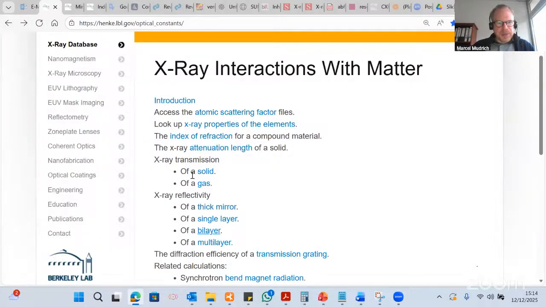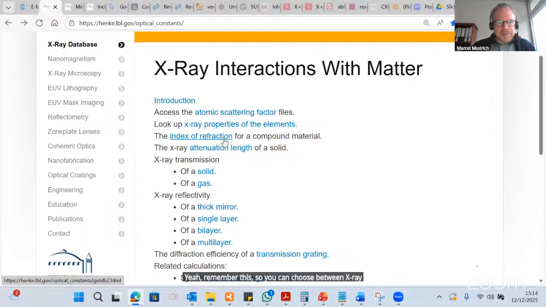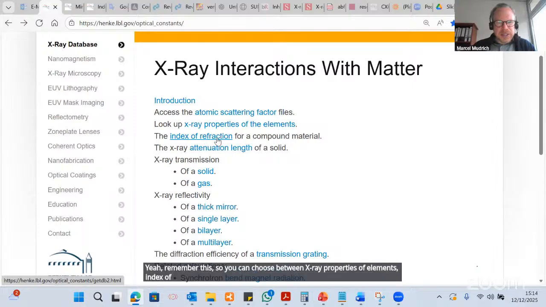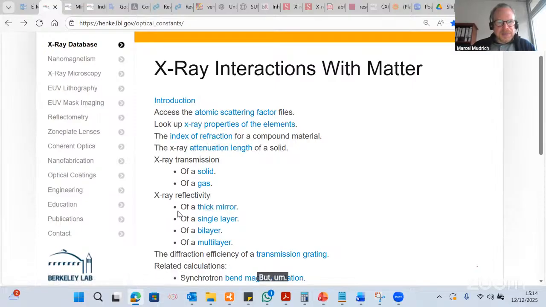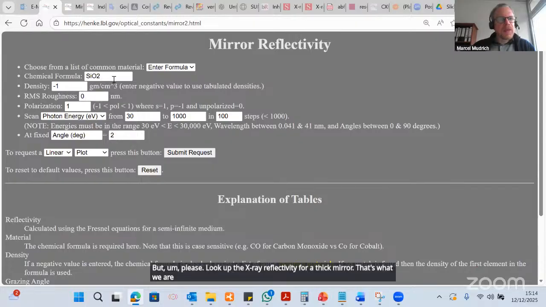Remember this, so you can choose between X-ray properties of elements, index of refraction, where you find the delta and beta functions, but please look up the X-ray reflectivity for a thick mirror. That's what we are interested in.